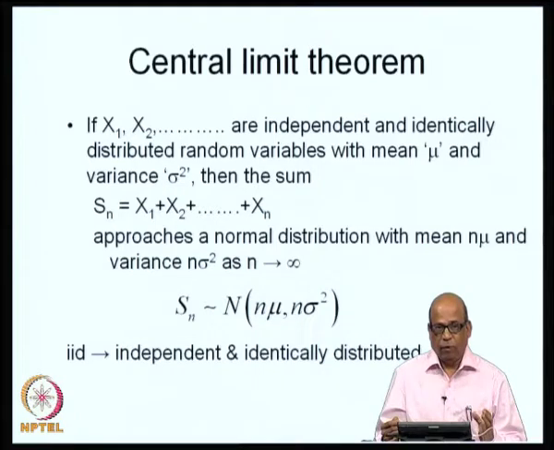Let us say stream flow in month June is what we are interested in the distribution of. Can we approximate this to be a normal distribution?